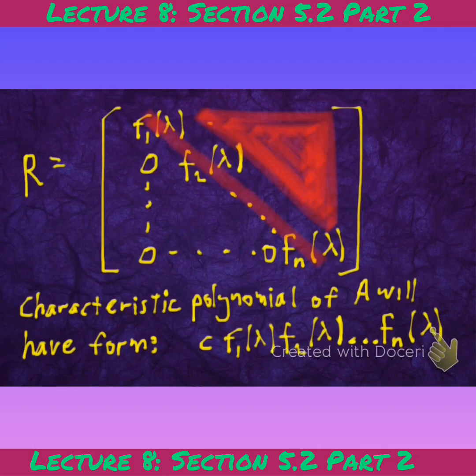Now, none of these polynomials can be the zero polynomial because that's going to imply the determinant of that matrix is zero, irrespective of what the values of lambda are.